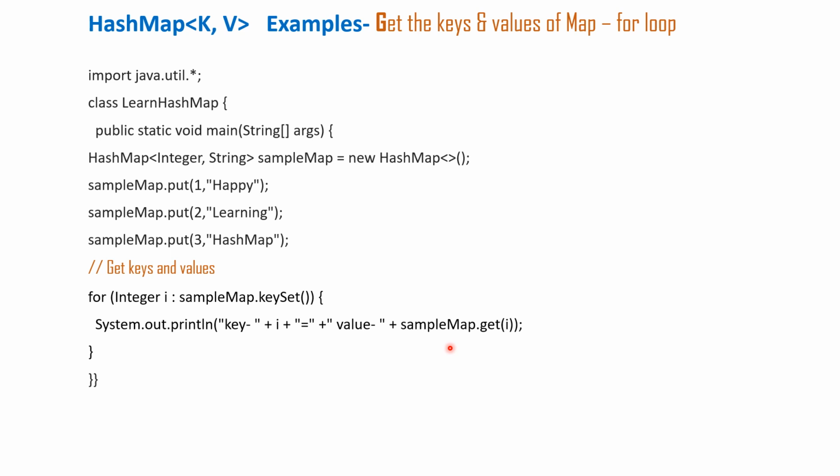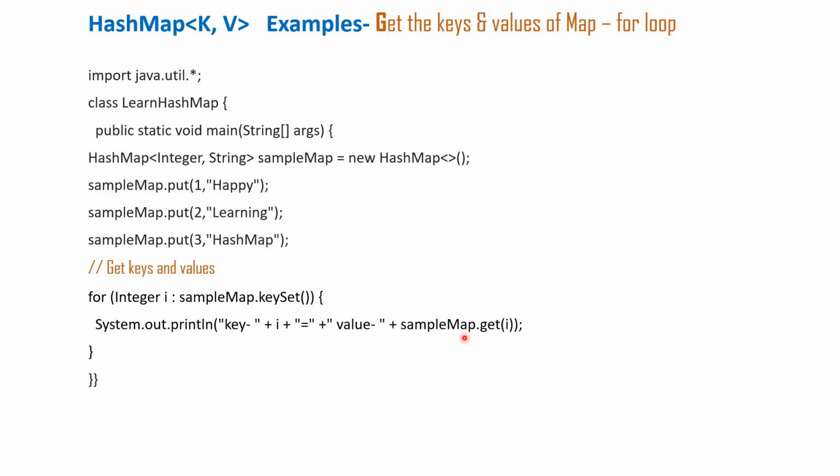So what if we want to get the values of the map? We know the get method is there for getting the values of the map. If you give the index, meaning the key value, then it will return the corresponding value to us. Here also, in the same way, if you give sample map dot get of I, meaning whatever I it is iterating in the for loop. So whatever I it is, if I value is 1, it should print happy for us. Then if it is 2 learning, 3 hash map, like this way in the iteration it will take the corresponding values and give them to us.